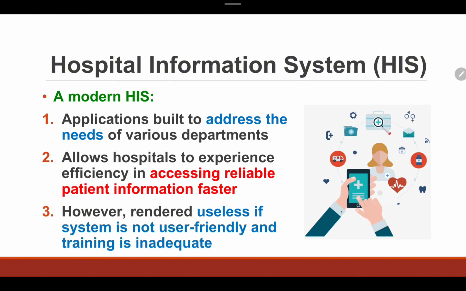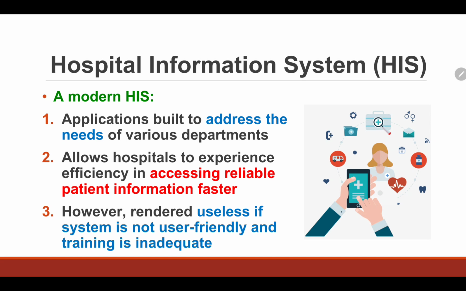A modern HIS, remember, has applications built to address the needs of the various departments of the health facilities, such as the nursing, the pharmacy, the finance, radiology, and pathology. Remember that the laboratory department is under the pathology.